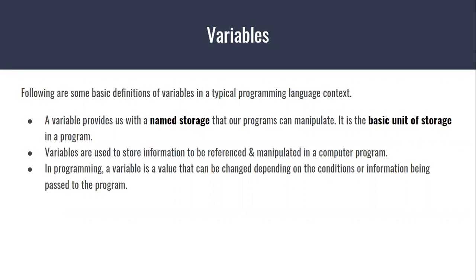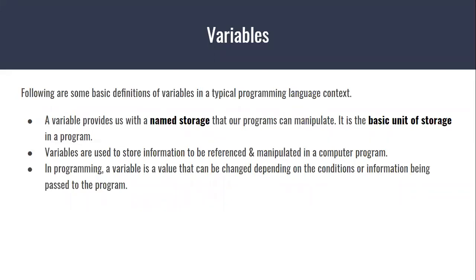But when we're programming, when we define a, the compiler will know what we're talking about and make a place in memory for it, and then store the value in there at some point. And the variables are basic units of storage of a program. So a place to keep our stuff. So variables are used to store information to be referenced and manipulated in the computer program.